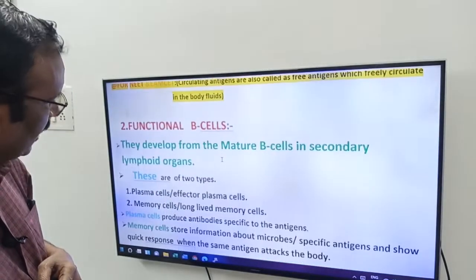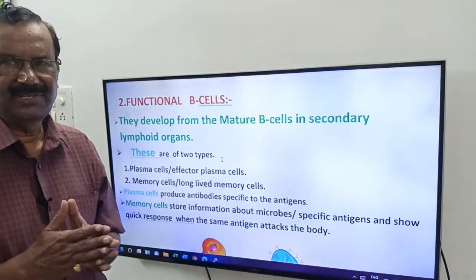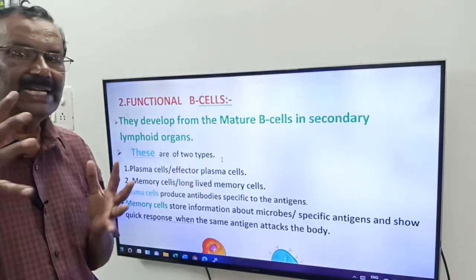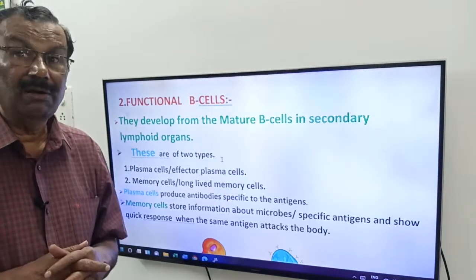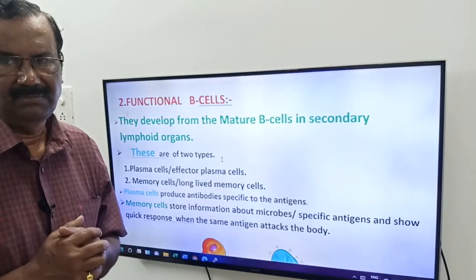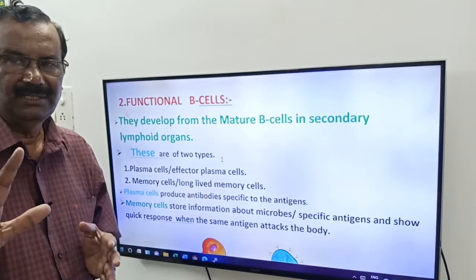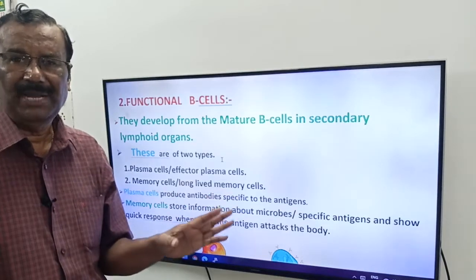Friends, come to functional B cells. These functional B cells develop from mature B cells in the secondary lymphoid organs. What are lymphoid organs? I will explain later, but you have to know it. Here you have to write only secondary lymphoid organ; no need to write the difference between primary and secondary.